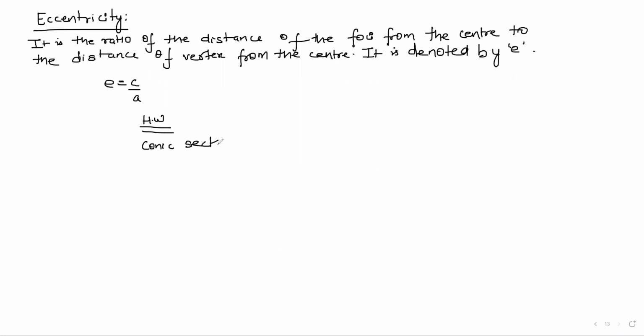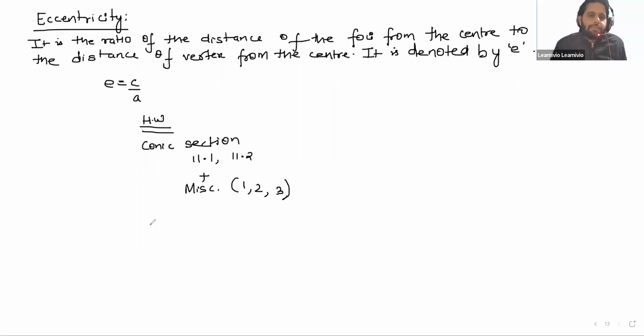You need to do 11.1, 11.2 plus miscellaneous. In miscellaneous, you need to do question number 1, 2, 3, only these. Please complete this, and in the next class we will complete the ellipse. Okay, sir.